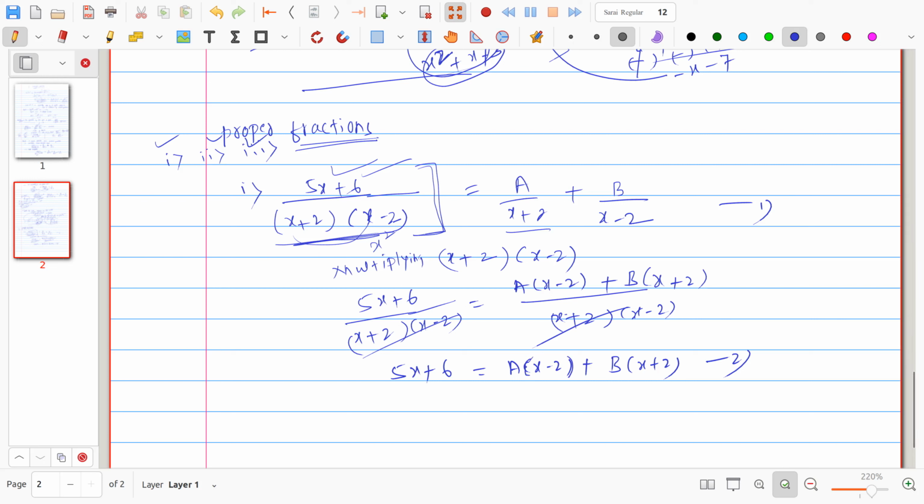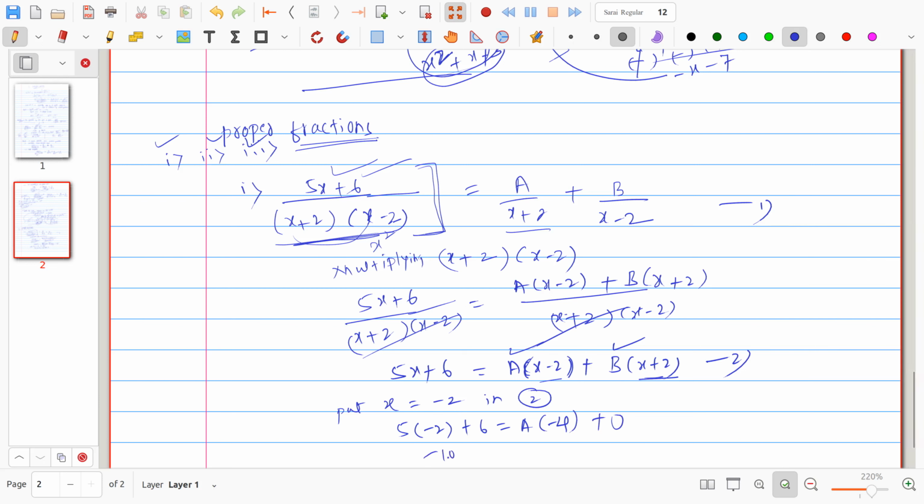Here, if I put the value x = 2, then I will get the B term, and x = -2, I will get the A term. I just try to find the A term, so I will put x = -2. Okay, put x = -2 in equation 2. So here 5 into (-2) + 6, and here A into (-2 - 2) which is -4, okay, -4A, and the B term is (-2 + 2) which is 0, plus 0.